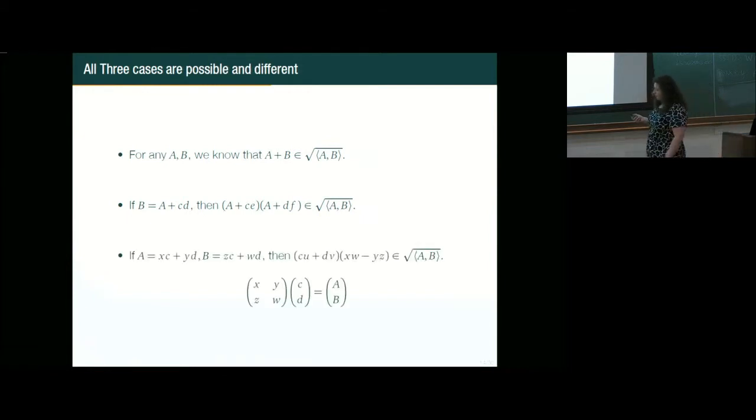And the third case, we mean that there are two linear forms, C and D, such that both polynomials are in the ideal generated by C and D. So that means they are of the form x times C plus y times D. All the letters are linear forms, not necessarily variables. So this is A and this is B. And then we can think about A and B as the result of applying C and D in this matrix, right?